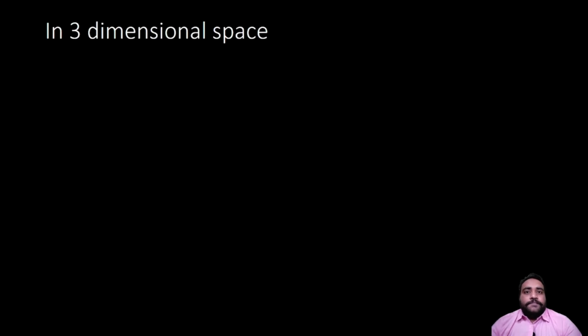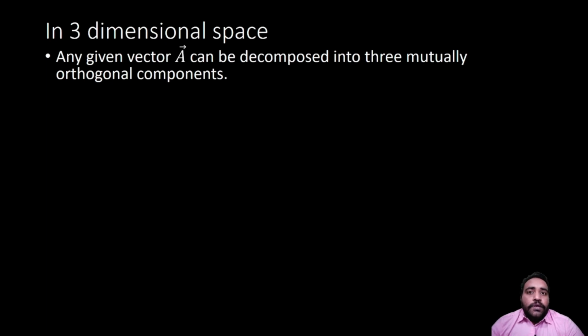In a three-dimensional space, any given vector can be decomposed into three mutually orthogonal components. Whatever might be the coordinate system which we are discussing, any three-dimensional vector can be split into three mutually orthogonal components.